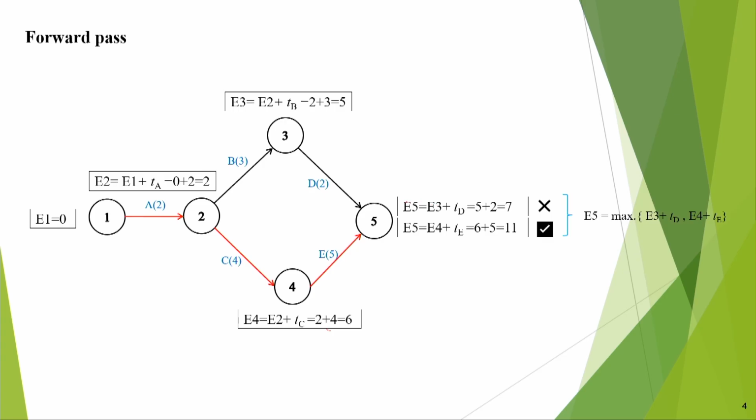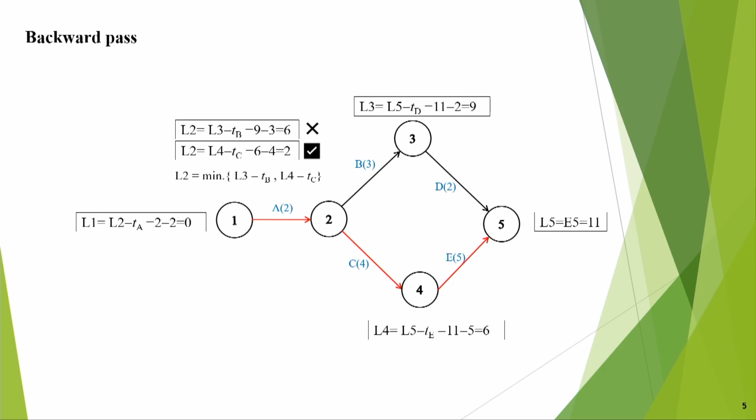So I get two values for event E5, but out of that whichever is the longest one, that means 11. So this becomes true and this becomes false. Therefore, E5 will be the maximum of E3 plus TD, comma, E4 plus TE, like that it will go. Okay. And in the backward pass, now we will start from the backward way.